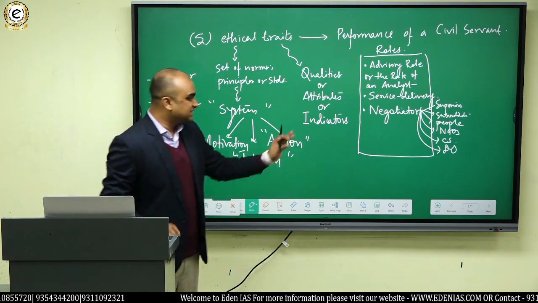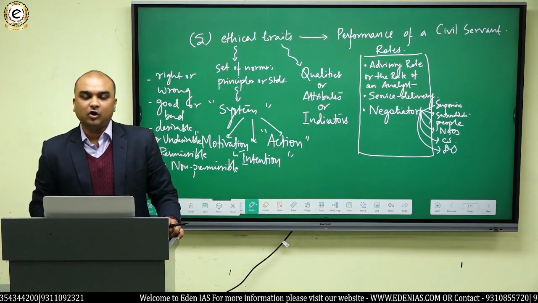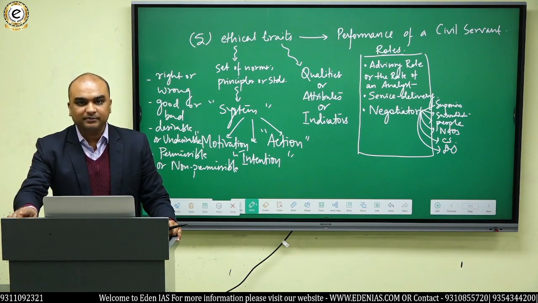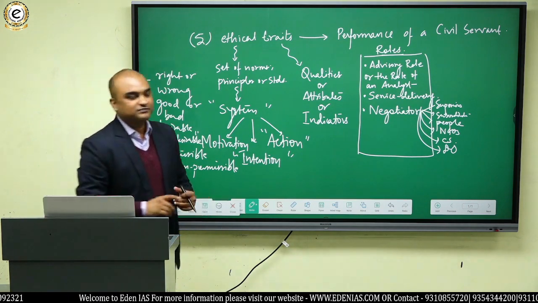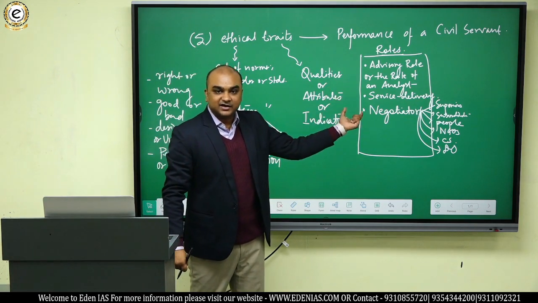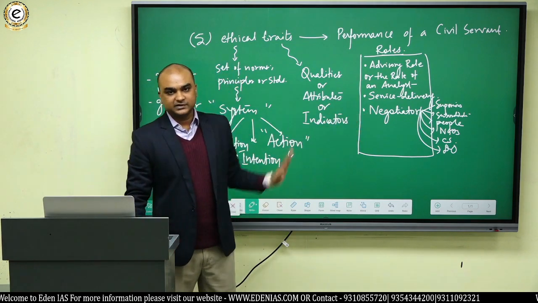That's why a civil servant should be an efficient negotiator, and the role of a negotiator should be played very properly by a civil servant. And you know that great communication skills can help in the discharge of this role efficiently. So this is the third important role of a civil servant.